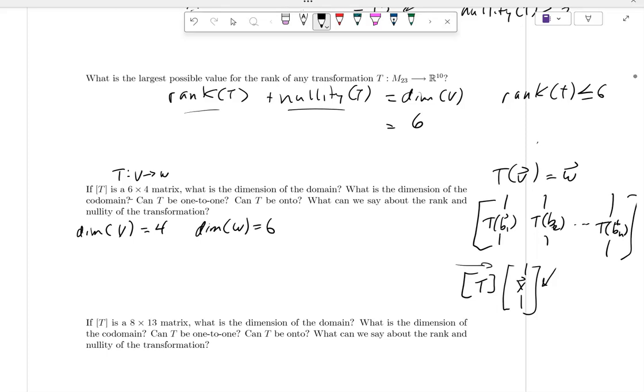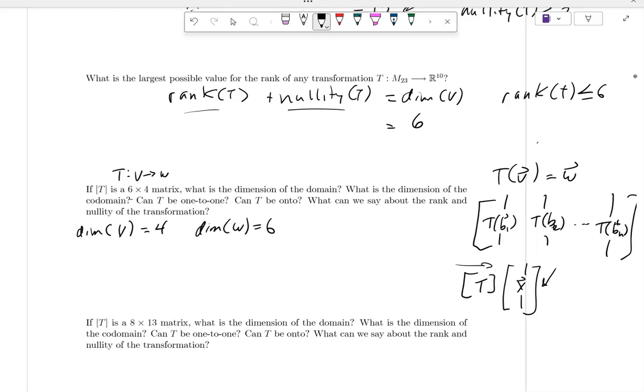So my columns have to match to make the matrix multiplication work. So that's why the number of columns is the dimension of your input, because the coordinates here are how many things are in your basis. That's why it ends up being flip-flopped.